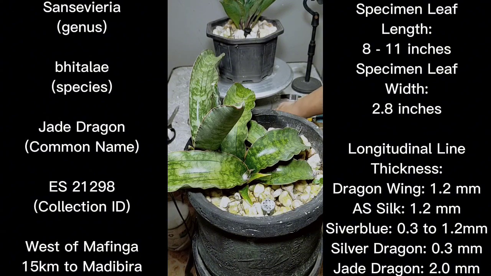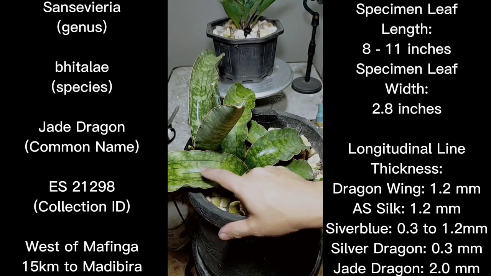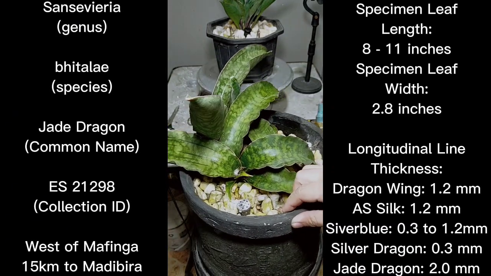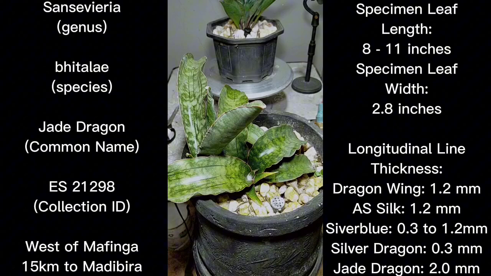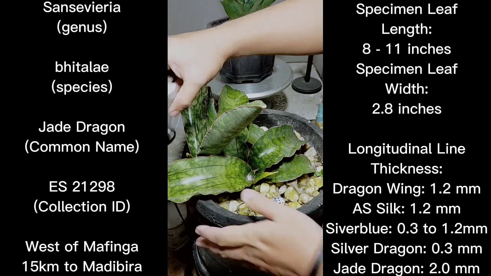Next, we will get the data of the longitudinal lines. So it's important to get the measure of the longitudinal lines because Jade Dragon has the thickest longitudinal lines in the bhitalae species. So we'll measure this one right over here.